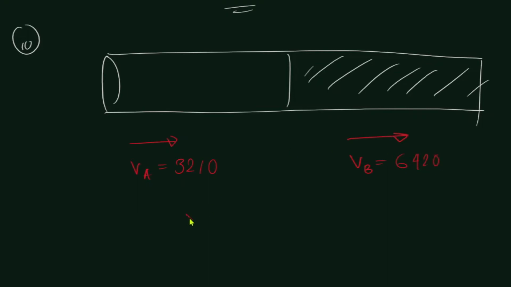Now from V equals F lambda, when there is a medium change, this is medium 1 and this is medium 2. When the wave enters from medium 1 to medium 2, what changed was the velocity. The velocity has increased. When the velocity increases, what will happen to the frequency and the lambda?